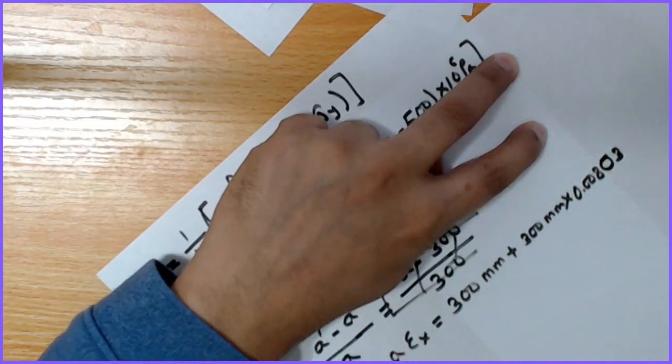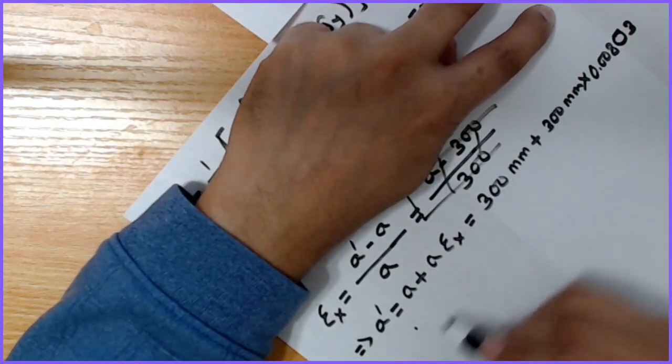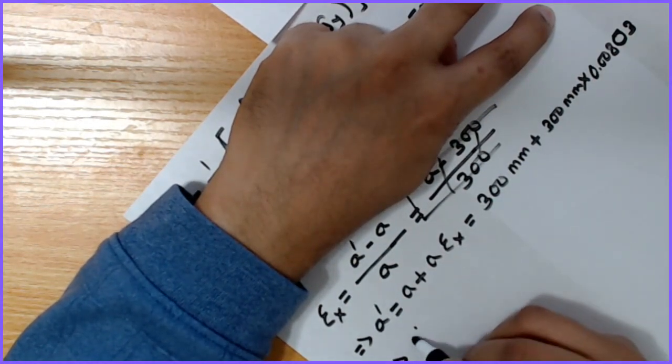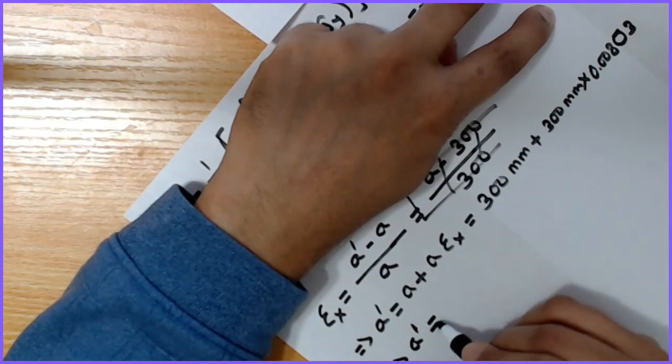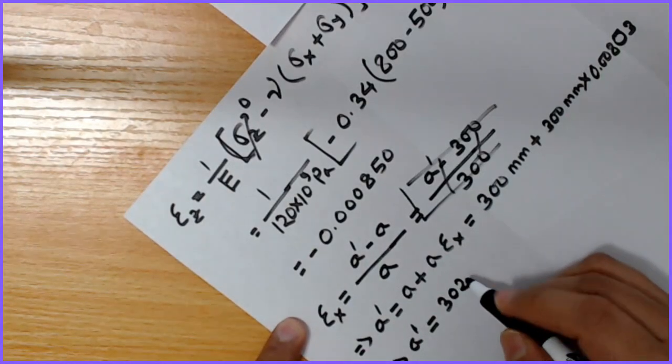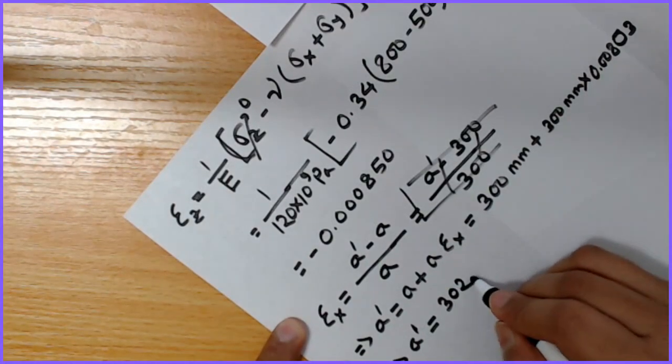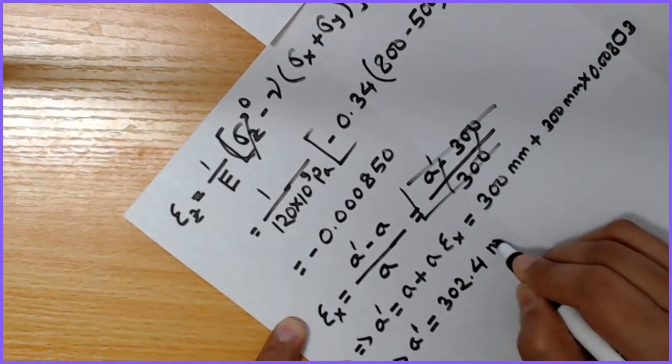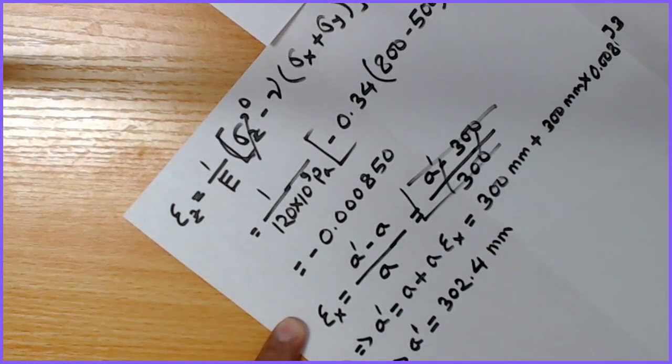Okay, now my a prime is going to be 302.4 millimeter.